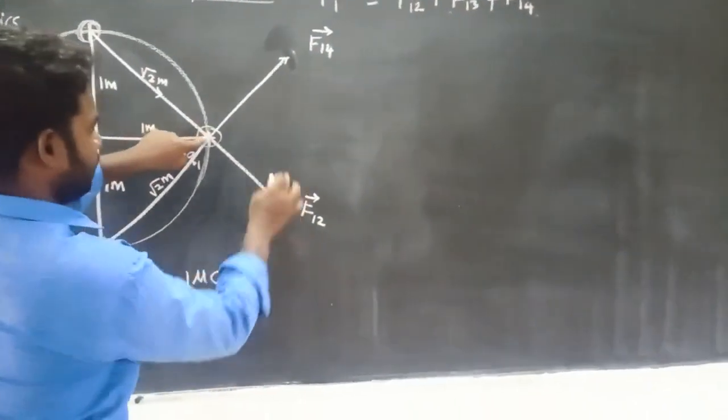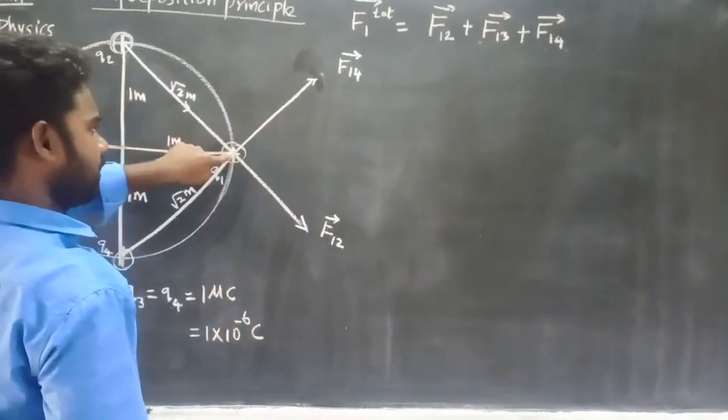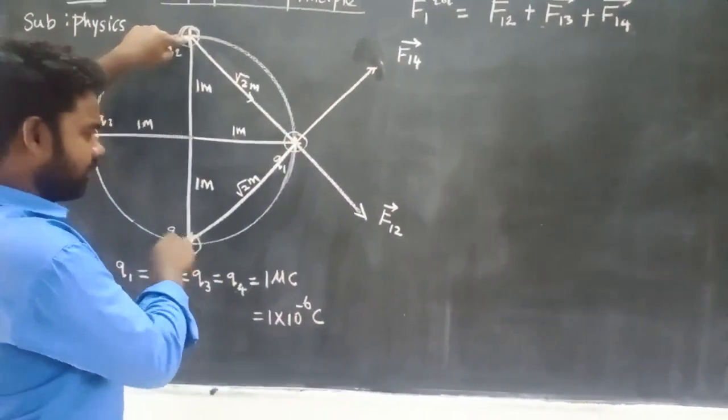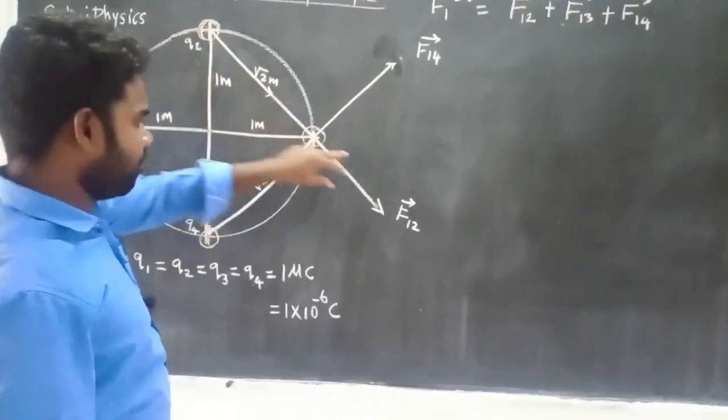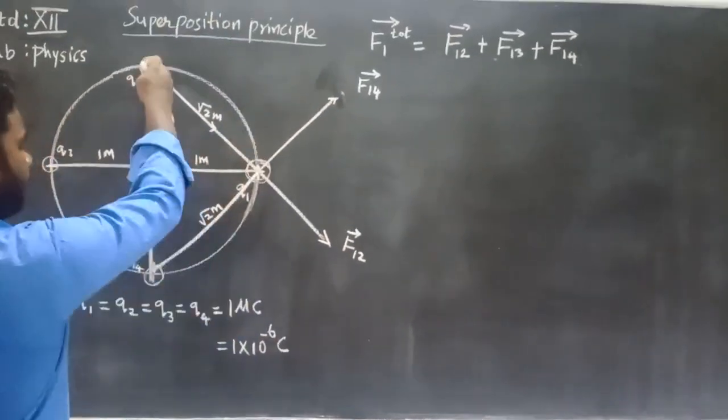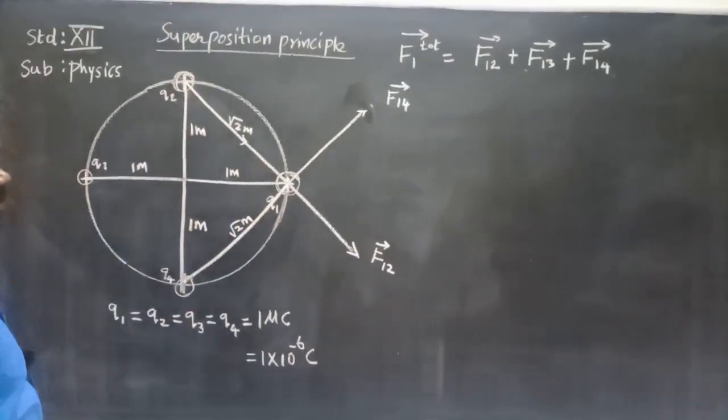The lengths are equal because of same magnitude and same distance. So the same force will be acting on the charge Q1 due to the other 2 charges.